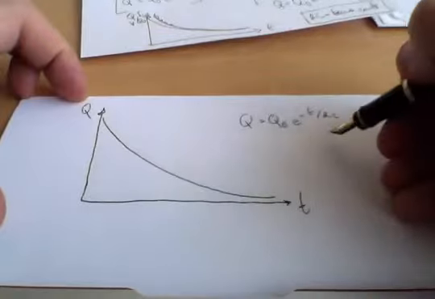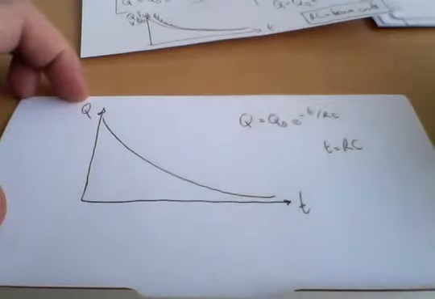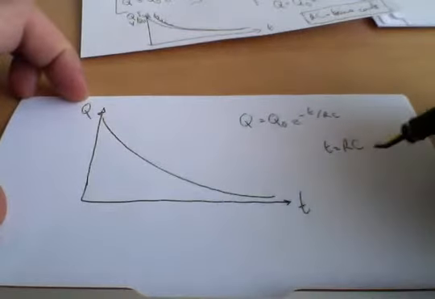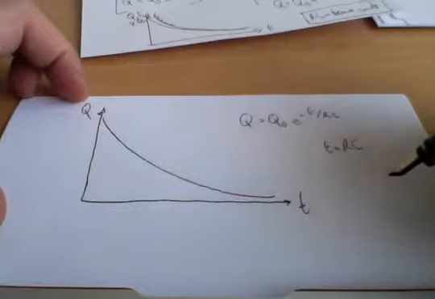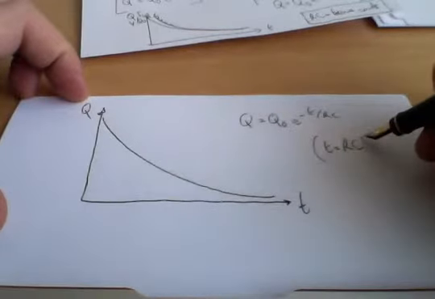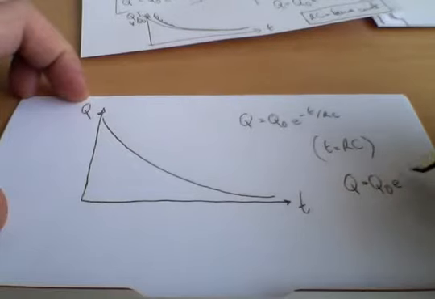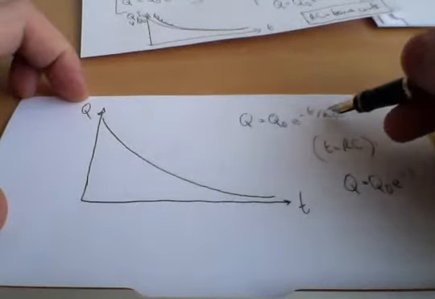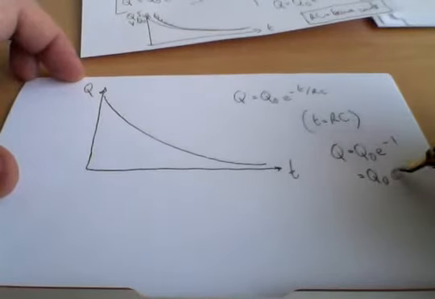What happens when t is equal to RC? What happens when we look to the time period, which is the same as RC? Well, what's going to happen to the equation is this. We're going to get e to the minus 1 because RC over RC gives us 1. And we know that's Q. If you plug it into the calculator, 0.368.